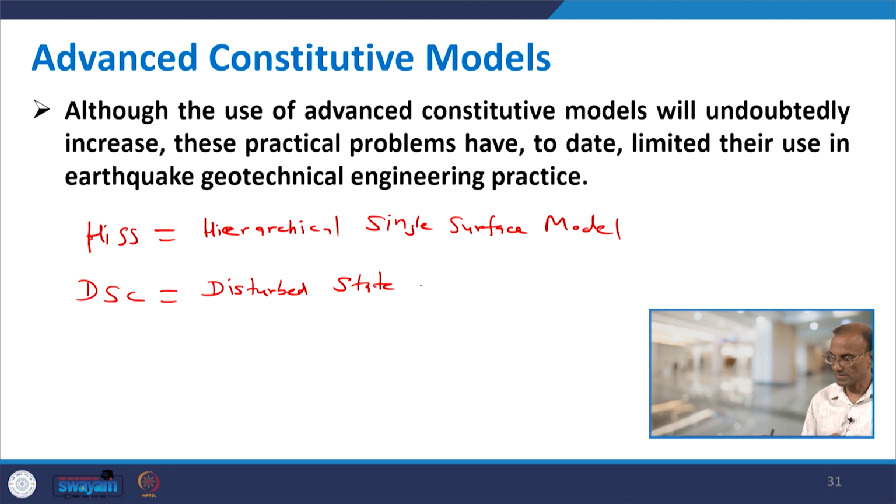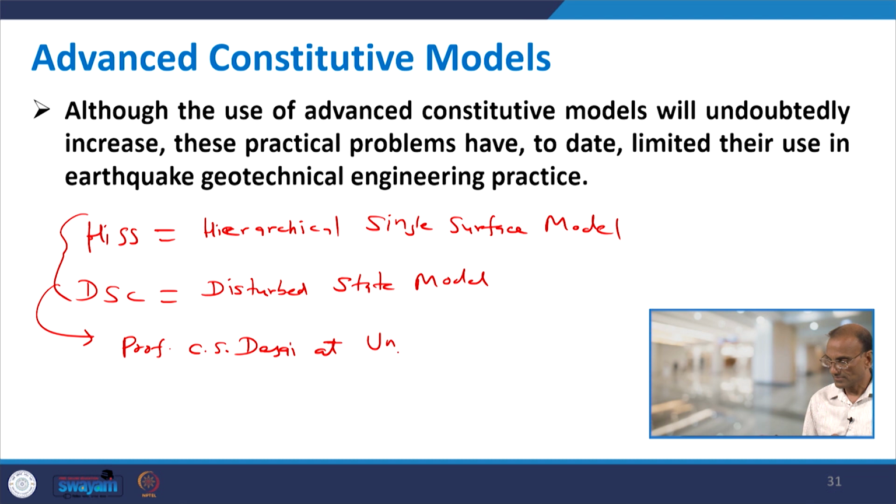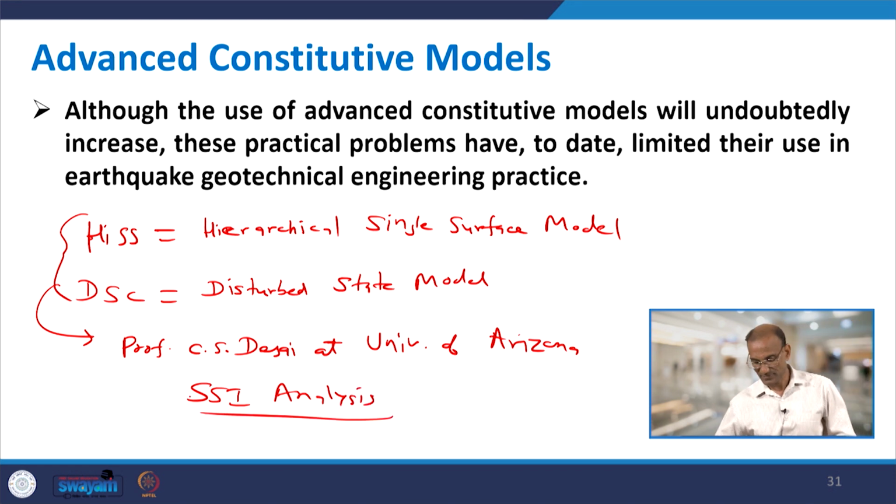That is also one of the advanced constitutive models, developed, as I said, by the team of Professor C.S. Desai at the University of Arizona in the US. One of our research groups, particularly my PhD students, have implemented these models in soil-structure interaction, SSI, analysis. Many of the research papers using these models can be found on my website.